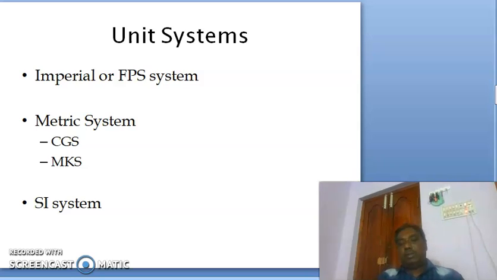Unit systems. We have several unit systems according to which we have different units.